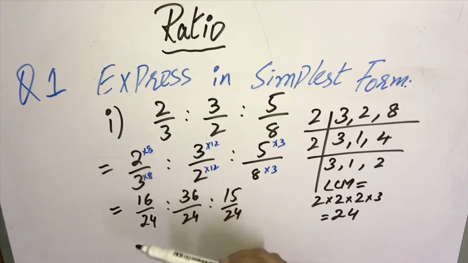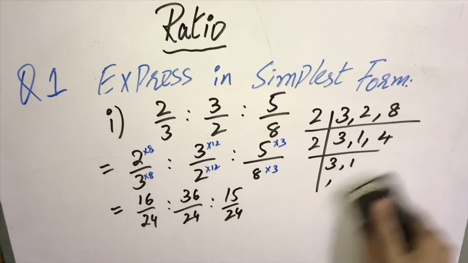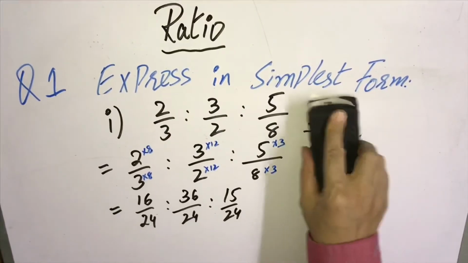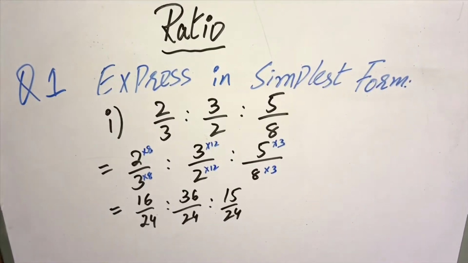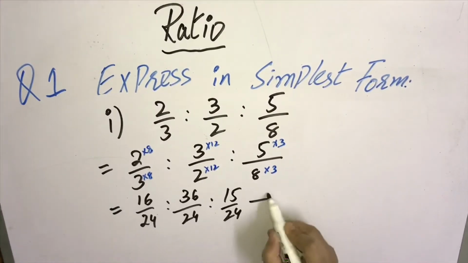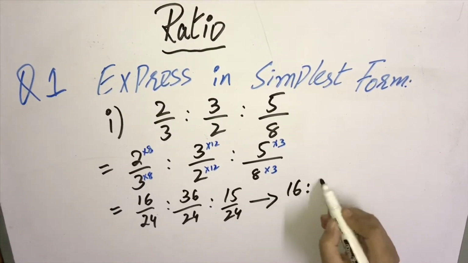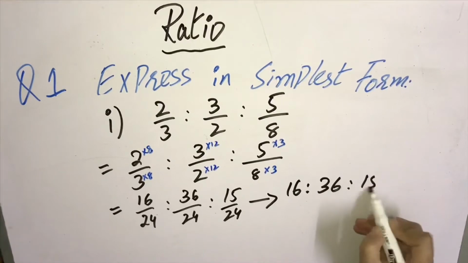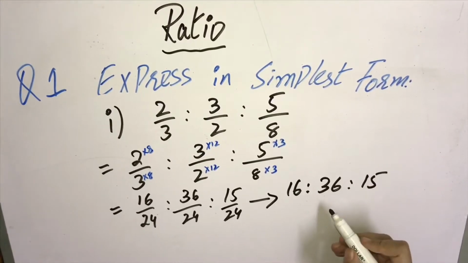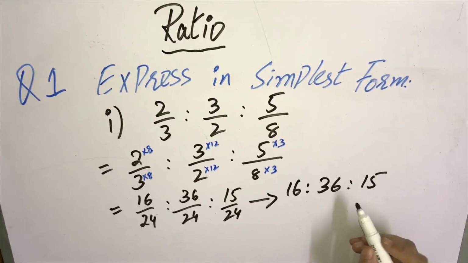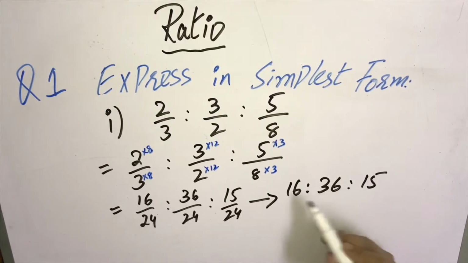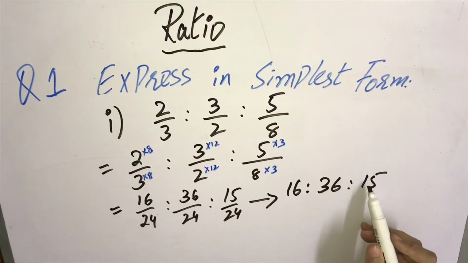When the denominators are the same, I shall drop the denominators and compare only the numerators. And I shall check whether there is any number which can divide all three. If I divide 36 and 16 with 2, I cannot divide 15 with 2.